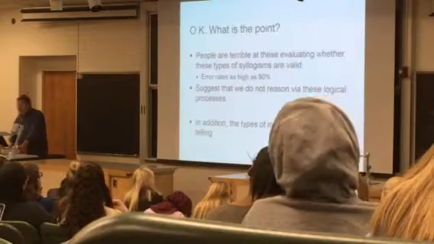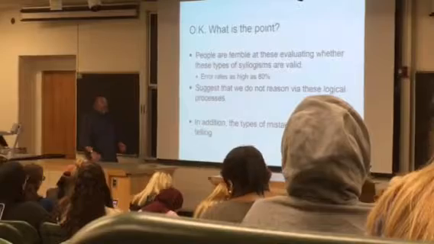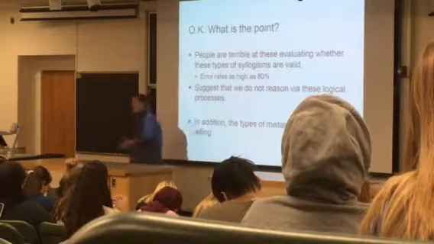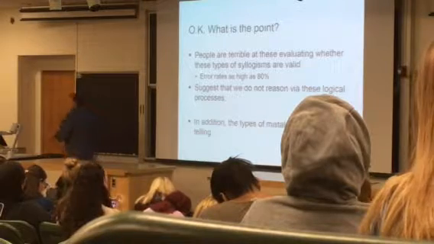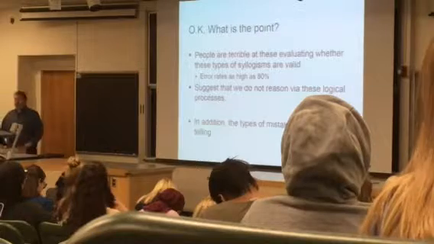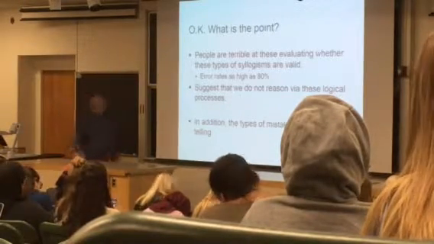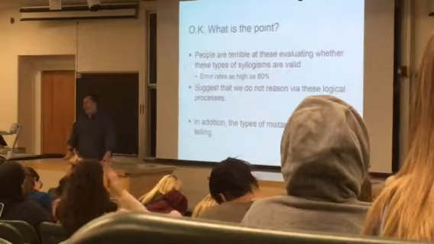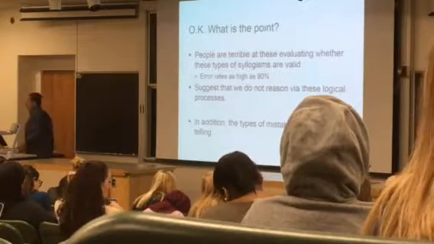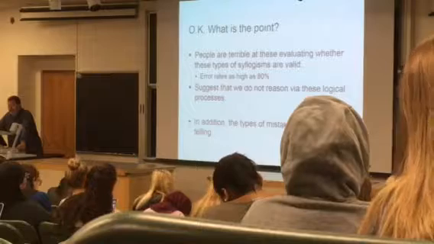All right, so what's the point? It turns out that people are terrible at evaluating whether these types of syllogisms, even basic categorical syllogisms with only two premises and a conclusion, are valid or not. And you can get error rates consistently at like 80% for particular invalid syllogisms where people say, oh, they're valid syllogisms. They're invalid.